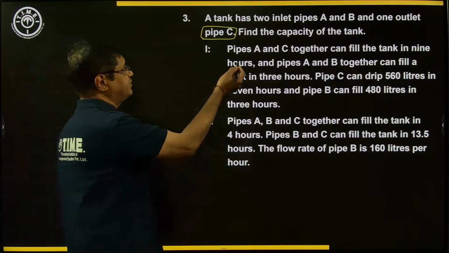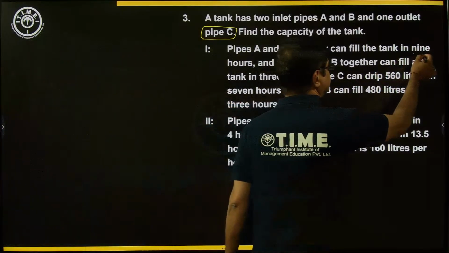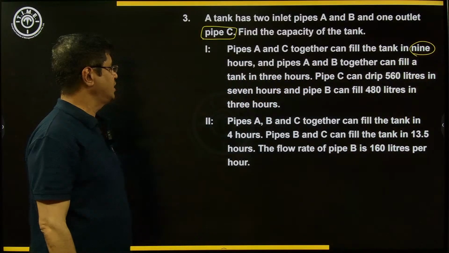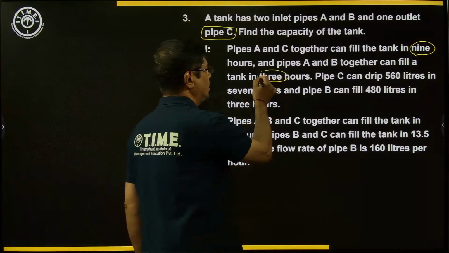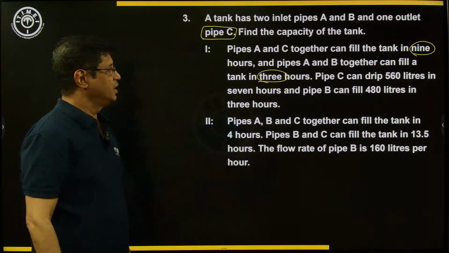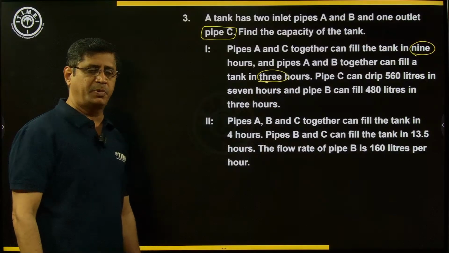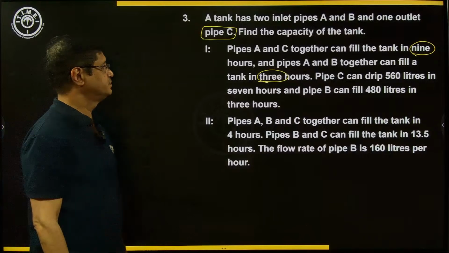Pipes A and C together can fill the tank in 9 hours, and pipes A and B together can fill the tank in 3 hours. Pipe C can drip 560 liters in 7 hours and pipe B can fill 480 liters in 3 hours.